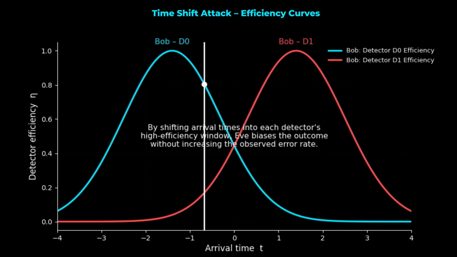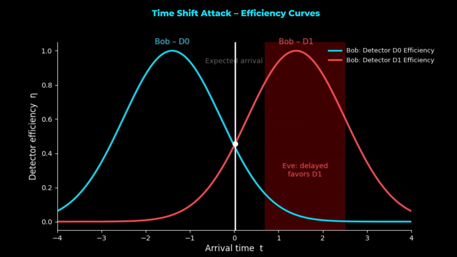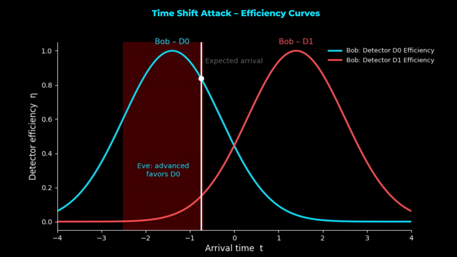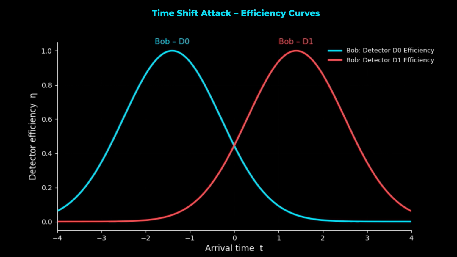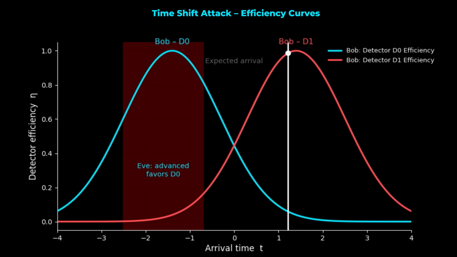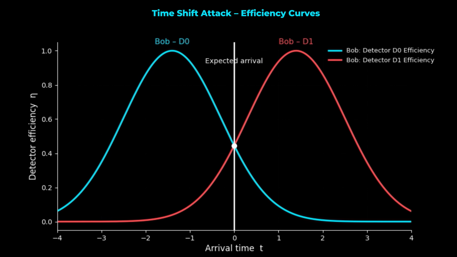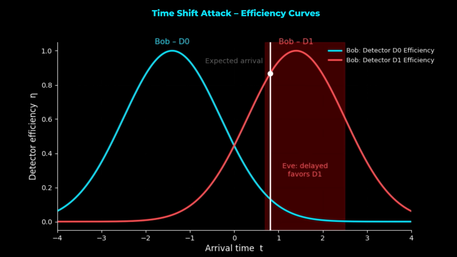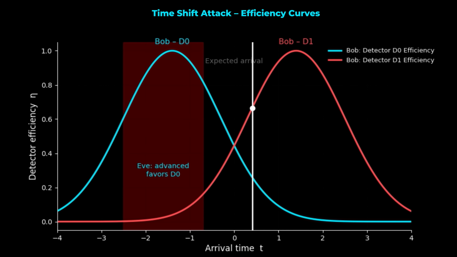Here is a brief summary of the important technical points. This single graph captures the entire vulnerability: two real detectors with non-identical efficiency curves, a single Eve who can tune arrival times, a bias in detection outcomes without introducing quantum-level noise, a full key compromise with no alarms raised.